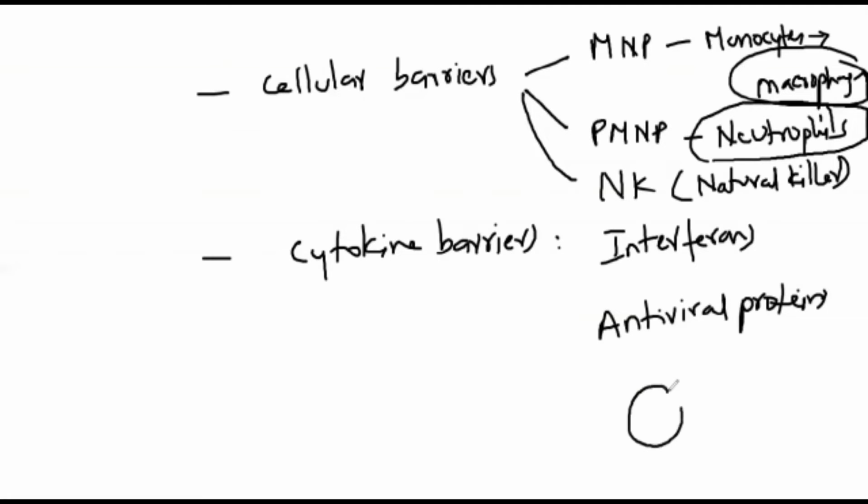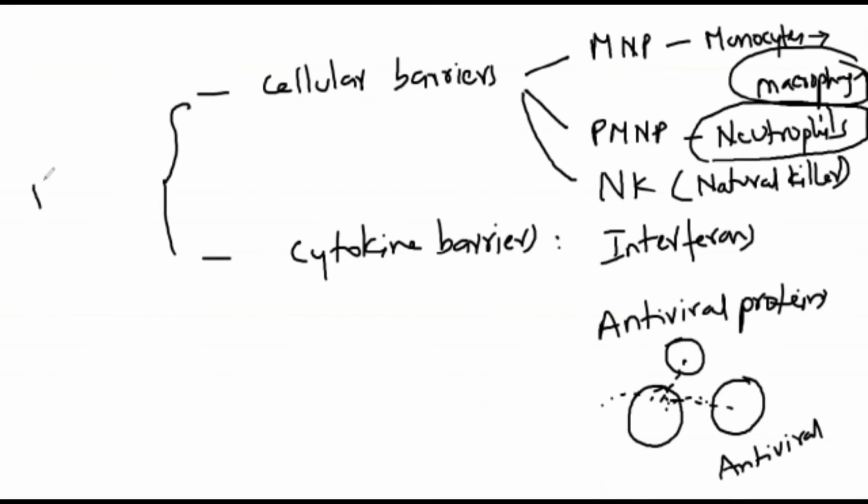These antiviral proteins are released by the virus-infected cell. They enter the neighboring cells and bring about an antiviral state in those cells. So the interferons are generally called antiviral proteins. Both cellular and cytokine barriers together are considered the second line of defense.